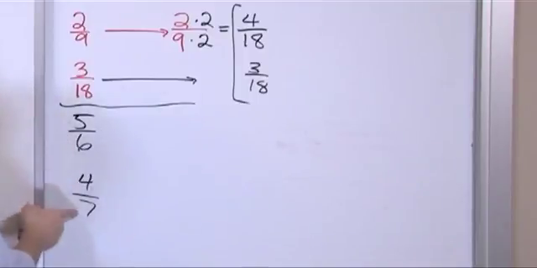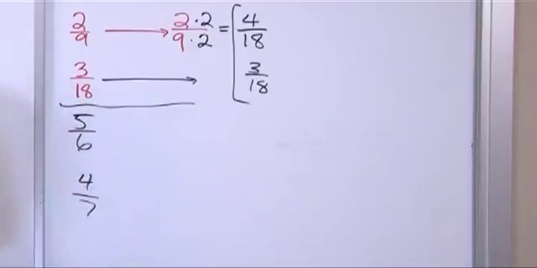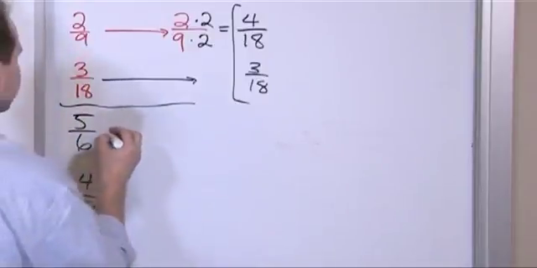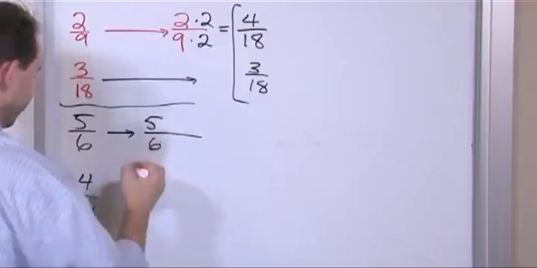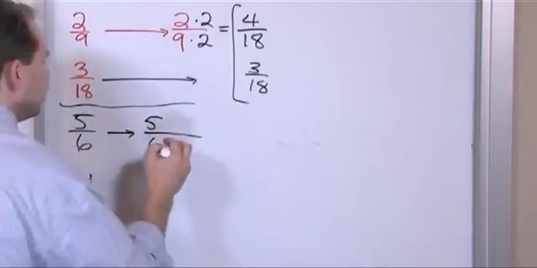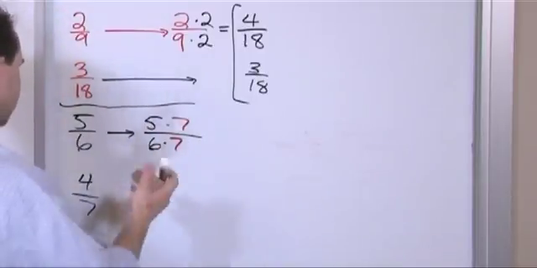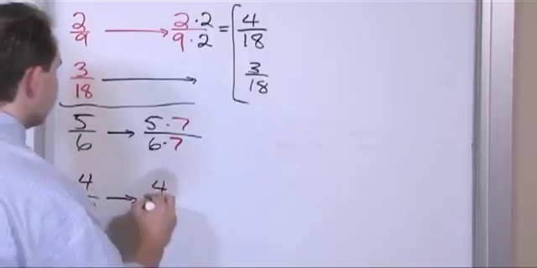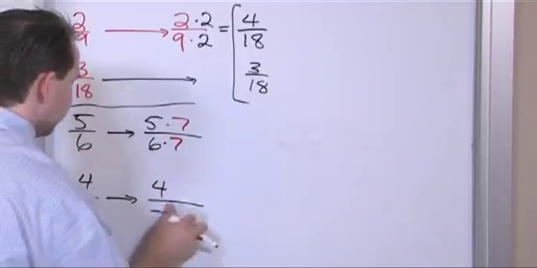I can't take 6 and multiply it by whatever I want to get 7, and I can't take 7 and multiply by whatever I want to get 6. So I'm really going to need to play with both of these fractions. The only thing I can really think of is to take 5/6 and multiply this by 7, and multiply 4/7 as well.